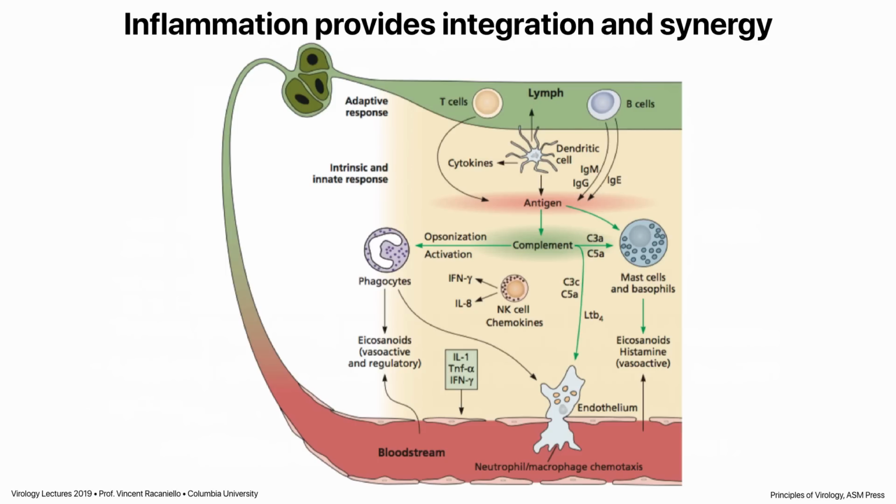They make spaces between the endothelial cells so that cells can go in and get out, and some of the cytokines that are produced can help prepare the blood vessels for cells going in and out as well. So it's a very interesting interaction between two specific arms of the innate and the adaptive responses, and inflammation is what links them, the production of cytokines that tell cells where to go and how to deal with the antigens.